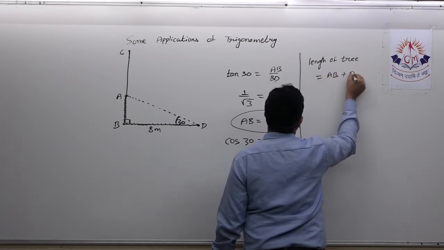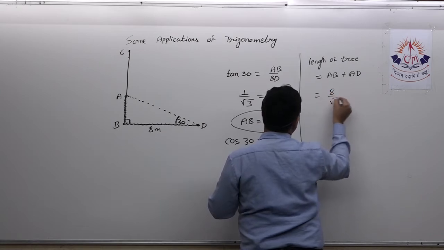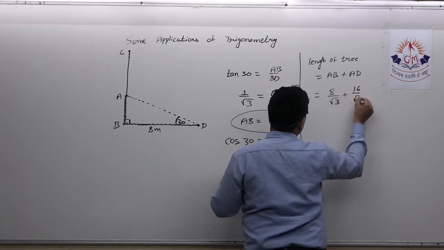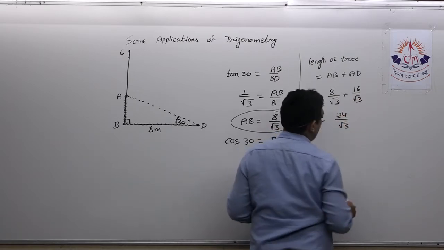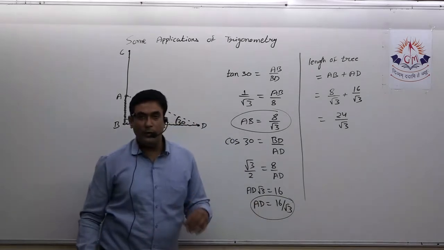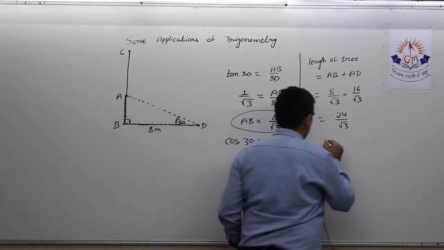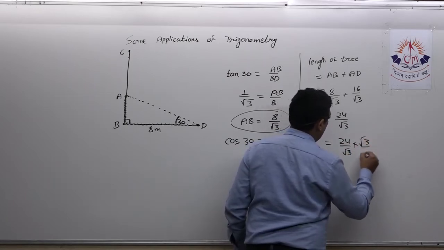Now AB is 8 upon root 3 and AD is 16 upon root 3. That is 24 upon root 3. As I told you, always try to keep your final answer in which the denominator is rational. For that, we'll multiply the numerator and the denominator by root 3.